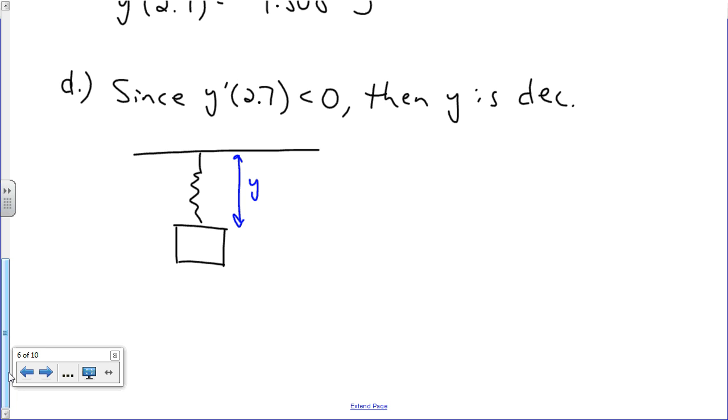So if y is decreasing, that means y is getting smaller and smaller, which means the mass must be moving up. So the mass is moving up.